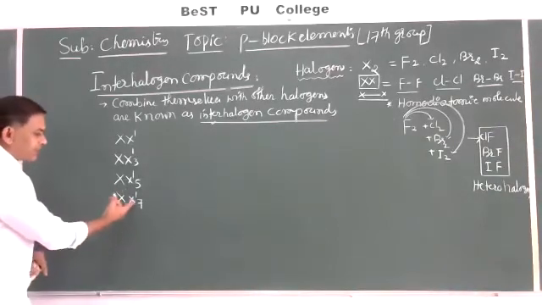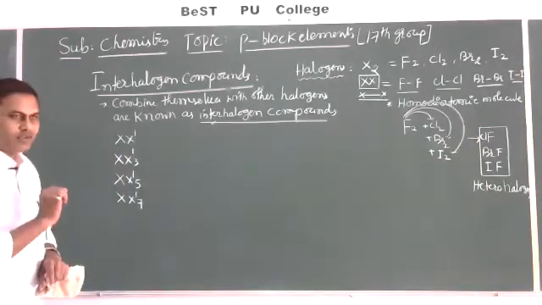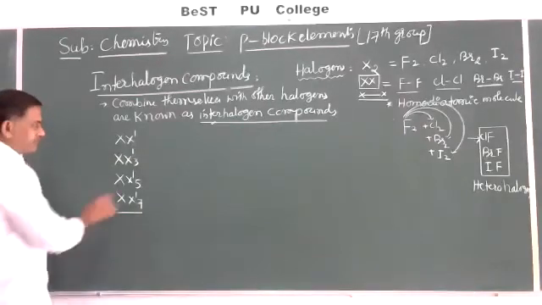Because how many valence electrons are there in the outermost orbit of halogens? Seven. That's why it forms a maximum of 7 covalent bonds.